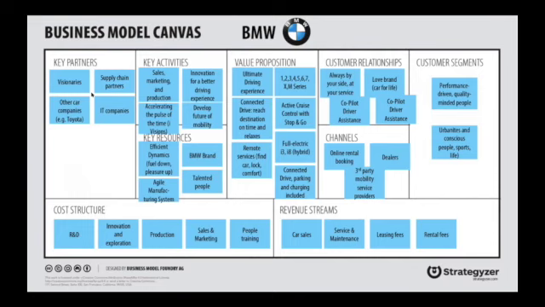And if you take a look at the value proposition that BMW has come out with: ultimate driving experience, active cruise control with stop and go, full electric, connected drive, parking and charging included, remote services, right? None of this really talks about safety.